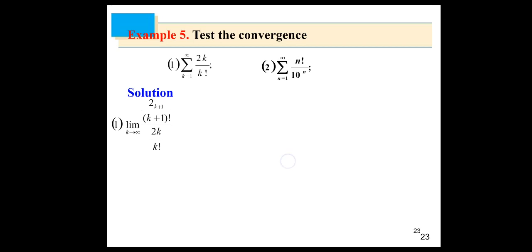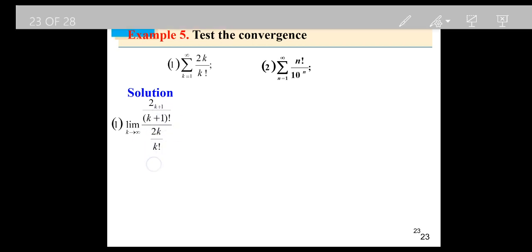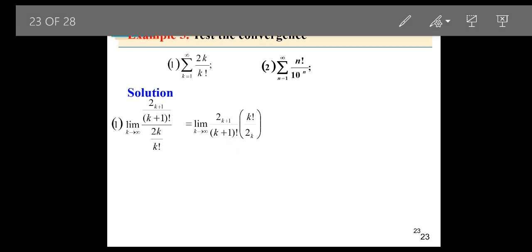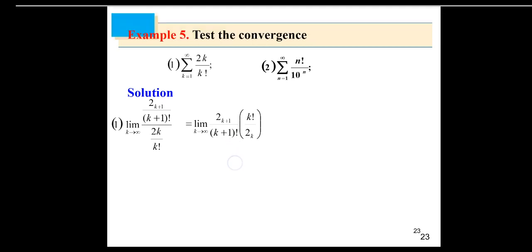Okay, now in the next step we will be able to multiply these two values, right? So when we multiply them, it would be something like that, right? 2k plus 1 by k plus 1 factorial, understand?